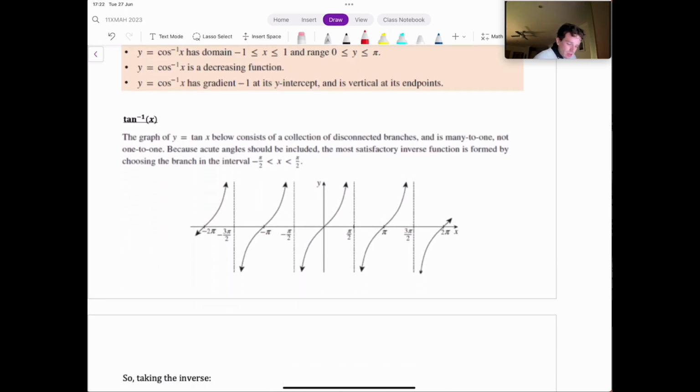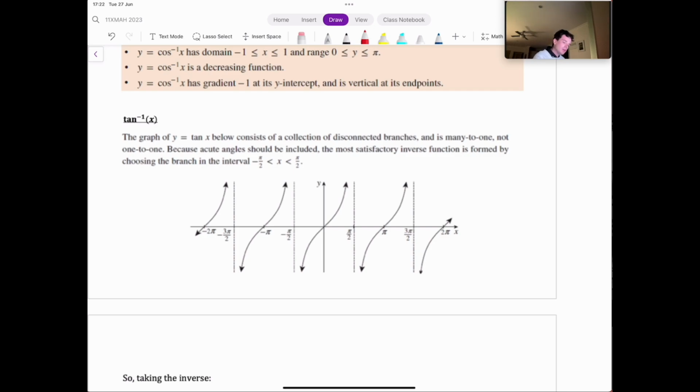Alright, so tan inverse of x. Here, the graph of tan is interesting because there are lots of asymptotes. We've said that we don't like to take inverses over asymptotes. We can, I think, actually, but we don't like to, because generally for our inverse functions we want a continuous piece of the domain.